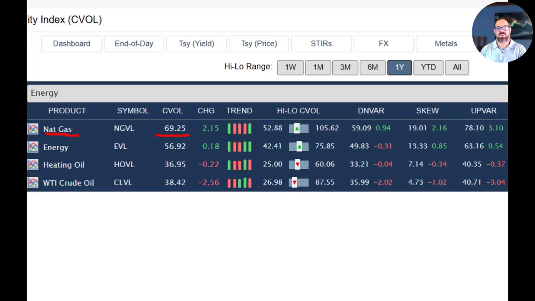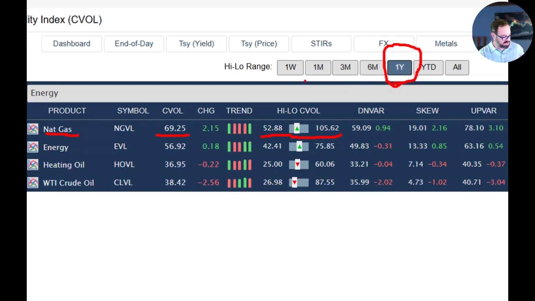Is that high or is that low? I can look back at the range for 1 year. That's what I have it set on currently. And I can see that this is relatively low on the range. What does that mean? If volatility is relatively low, then the options should be relatively inexpensive. And again, for nat gas, the alternative, and I was doing this with the Russell too.